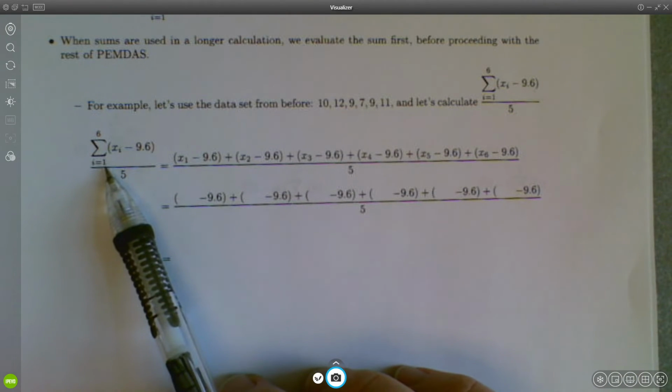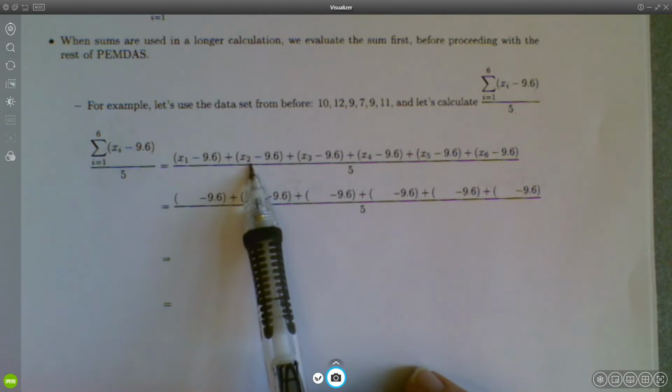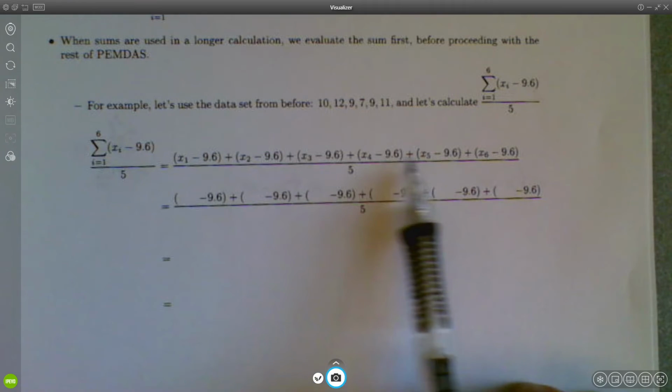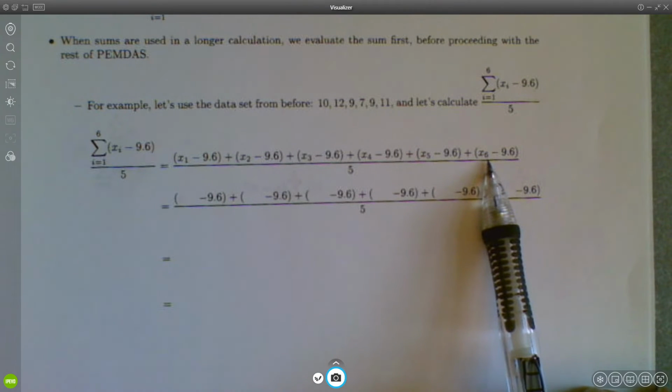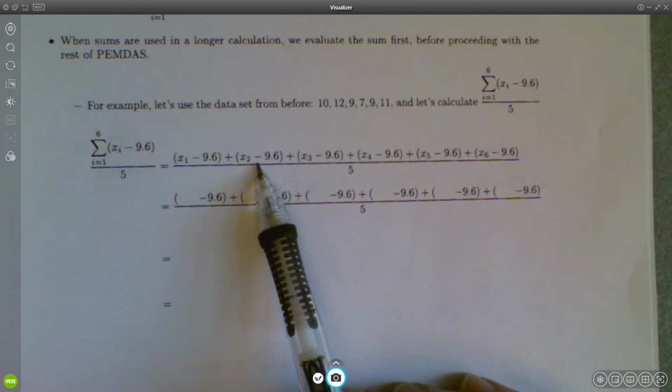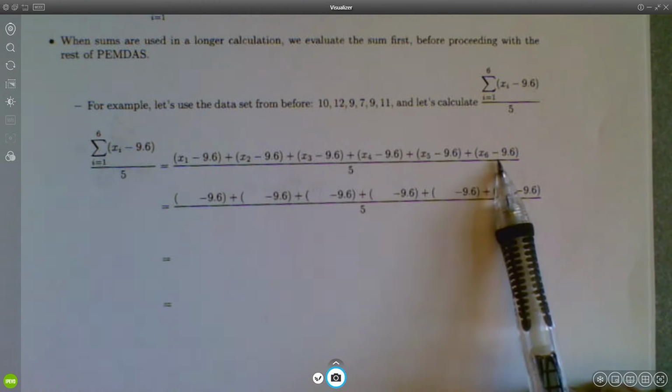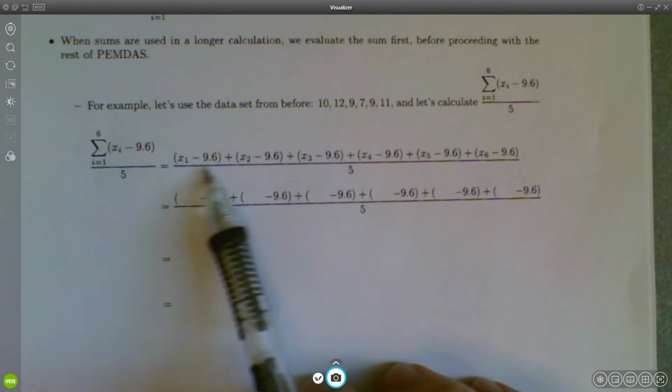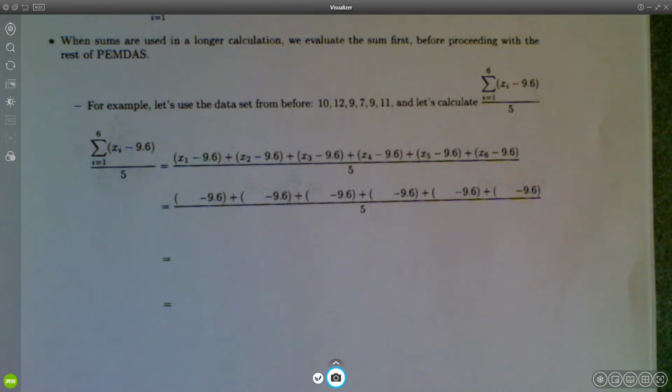So we can start off by replacing the i with a 1, and then a 2, and then a 3, and we're going to keep doing that until we get to 6. So we have x1 minus 9.6 plus x2 minus 9.6 and so forth until we get to x6 minus 9.6. And then we're going to divide that whole thing by 5.